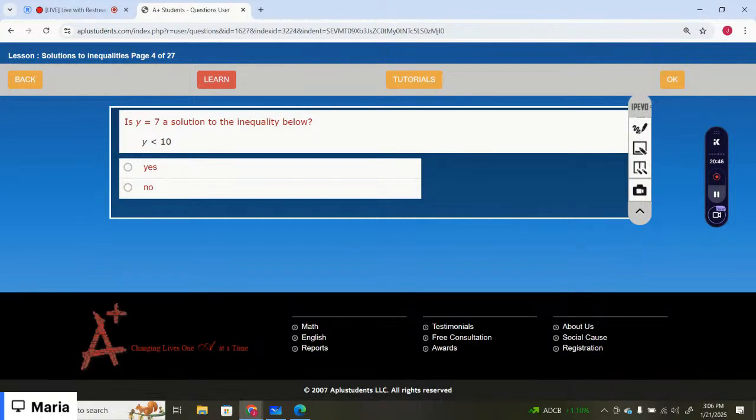So yes, that is the solution of the inequality.